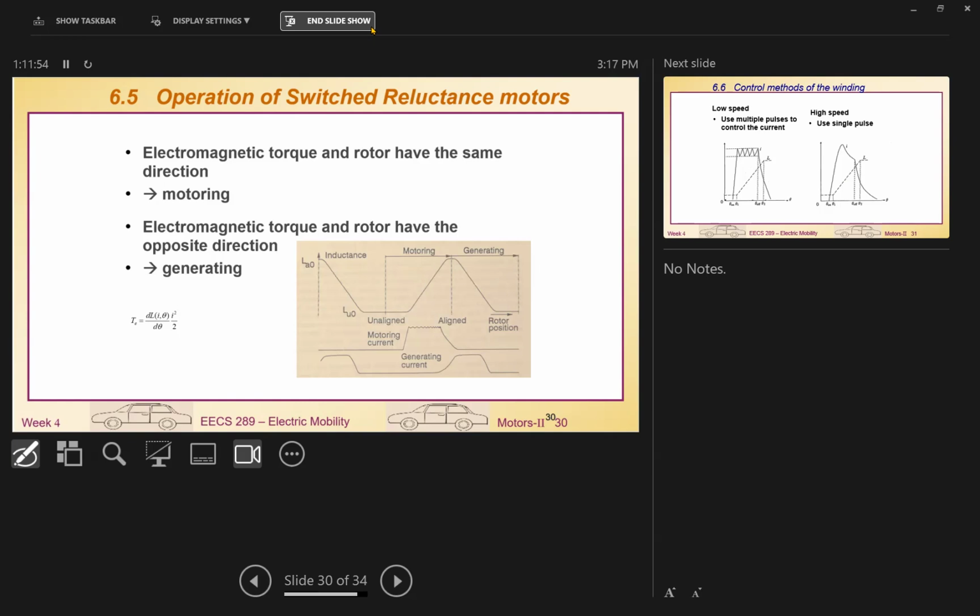The SR motor is really important because I think it will become more important in the next 5 to 10 years. We have more research work going on in this, and it is a much safer motor, so it should be used in aircraft or maybe electric vehicles. This one is special because it is based on the electric principle, not on the magnetic flux linkage. So that's all. Any other questions?